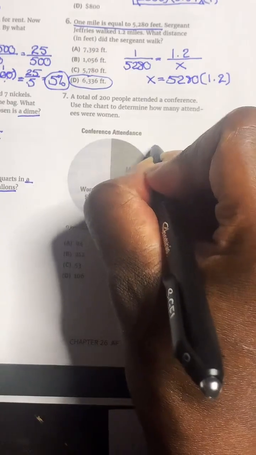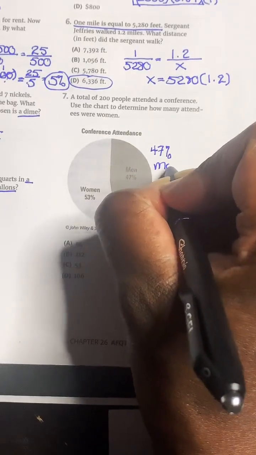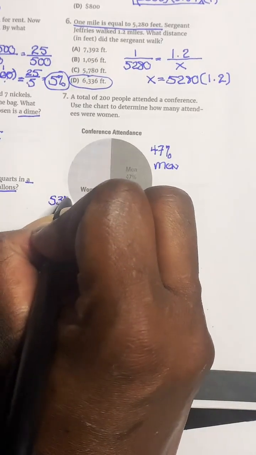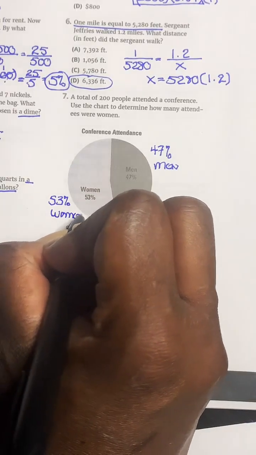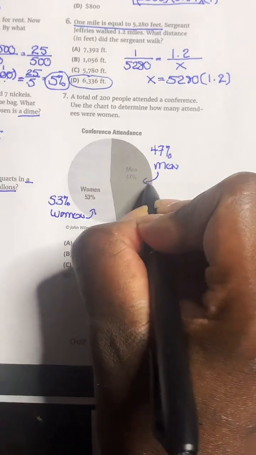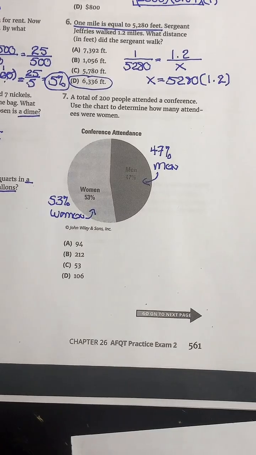So I'll write it out here so you can get it. This is 47% men. This is 53% women. Okay, so a total of 200 people attended the conference, and they want to know how many attendees were women.